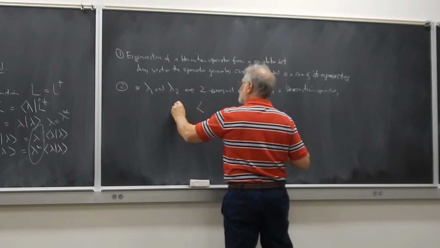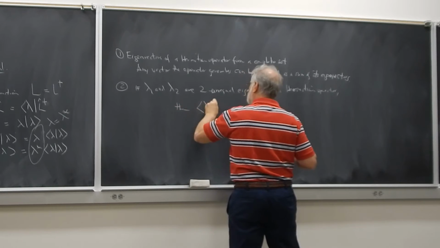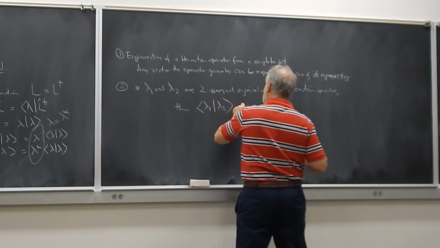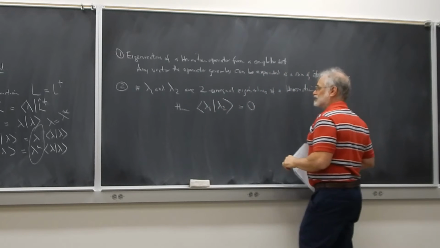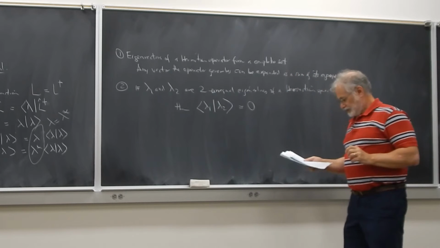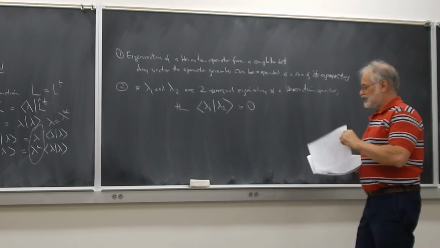In other words, then bra lambda 1, ket lambda 2 equals 0. Both of these are important properties.